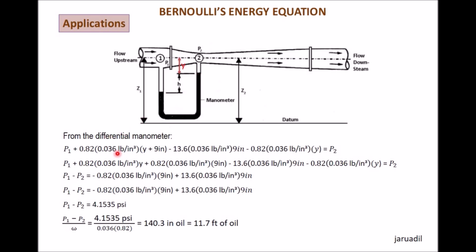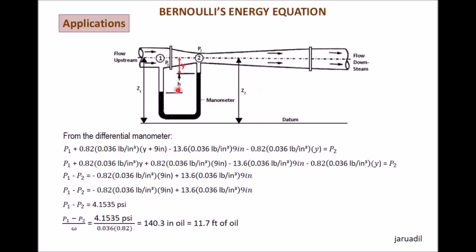So deriving the equation from point 1, that is P1. The liquid here is oil, which has a specific gravity of 0.82. We multiply that with the specific weight of water, 0.036 pound per cubic inch, and this distance here is equal to y plus 9 inches.